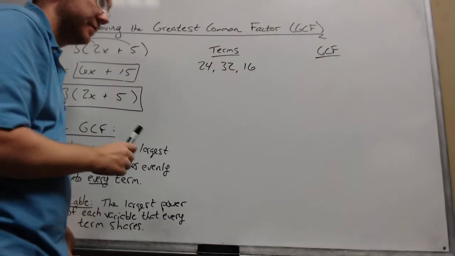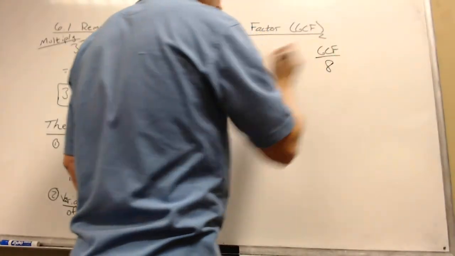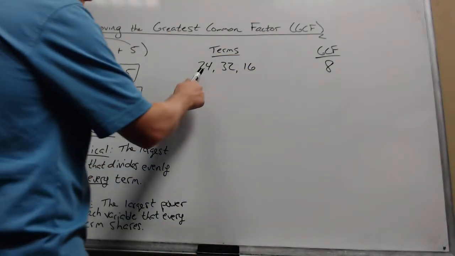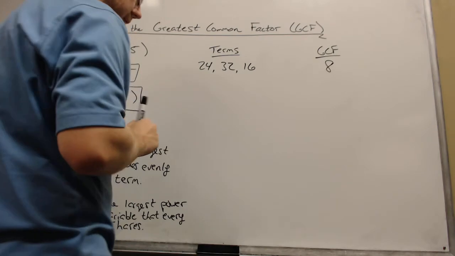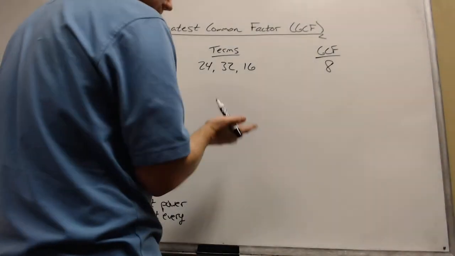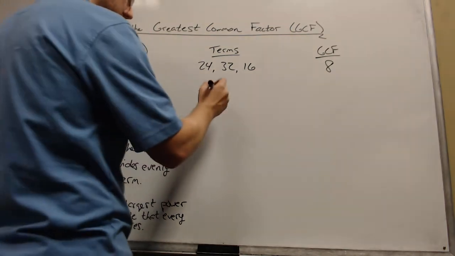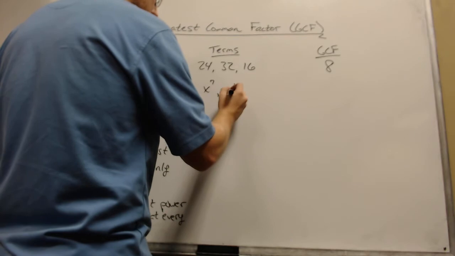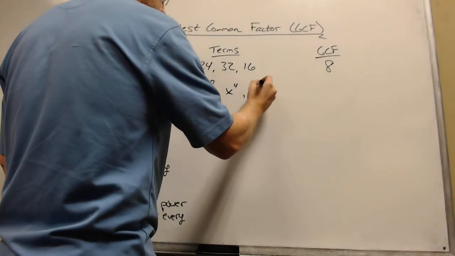So the largest number that goes into all these, that will be 8. Right, 8 divides into 24, into 32, and into 16. Let's look at the variable situation. This is the one that's a little bit new, maybe a little bit weird. x to the 7th, x to the 4th, and x to the 8th.